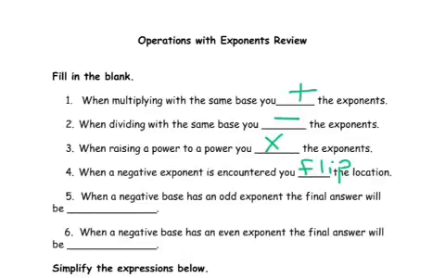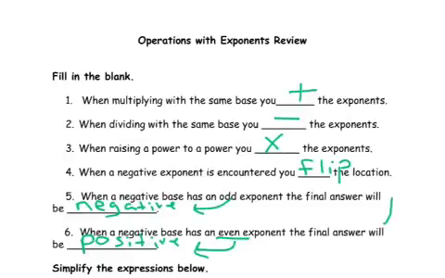When a negative base has an odd exponent, the final answer will always, always, always be negative. When a negative base has an even exponent, the final answer will be positive. So basically think even and positive go together, odd and negative.